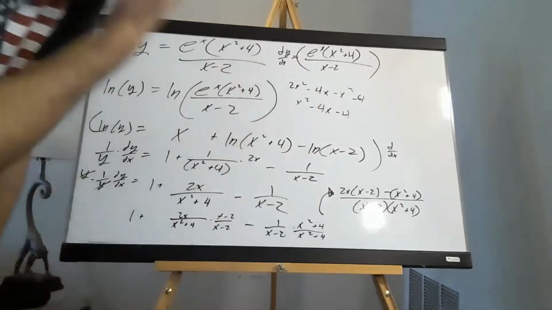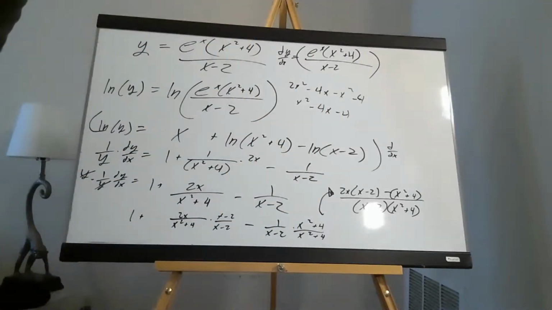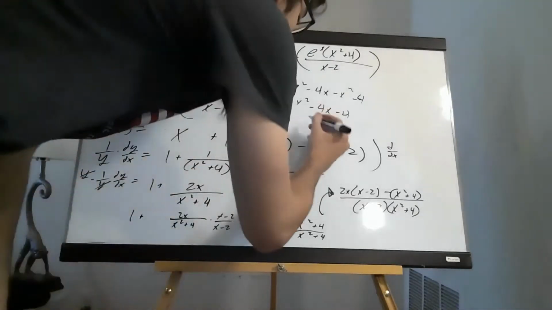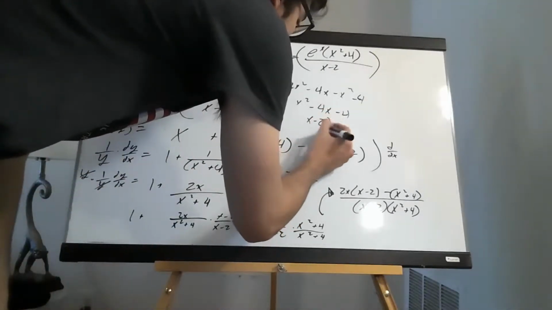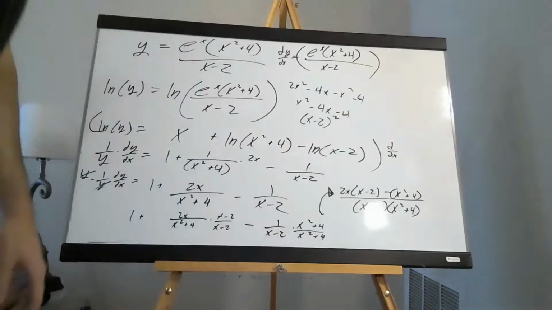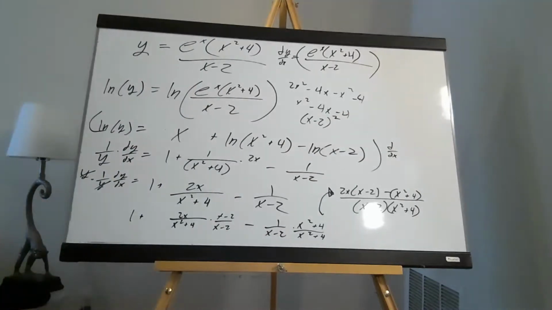Okay. 2x squared minus 4x minus x squared minus 4. So it gives us x squared minus 4x minus 4. So that's going to be x plus 2 times x minus 2. Nope. So x minus 2 times x minus 2. That's it. So x minus 2 squared.